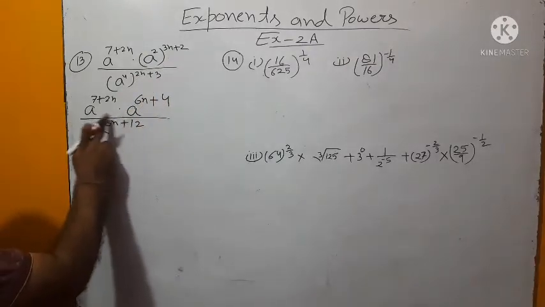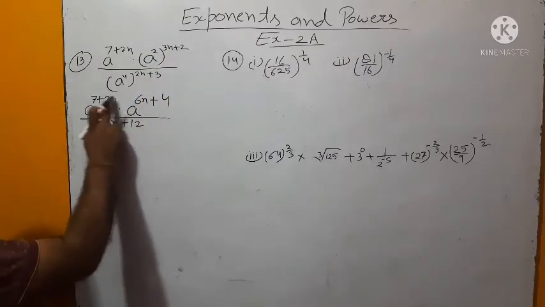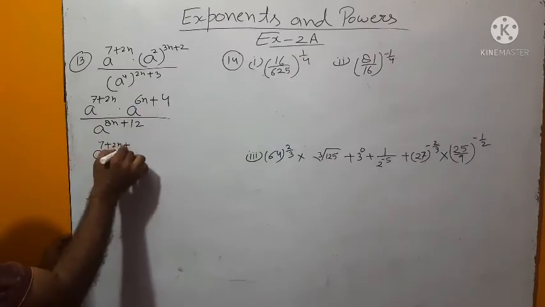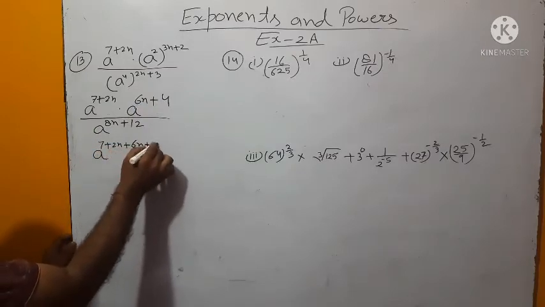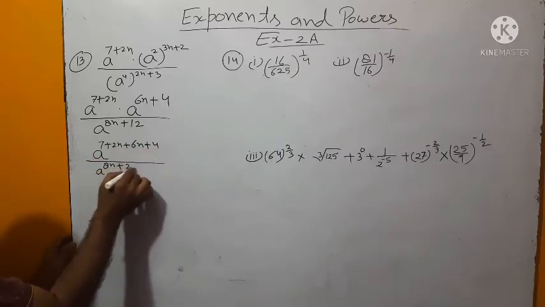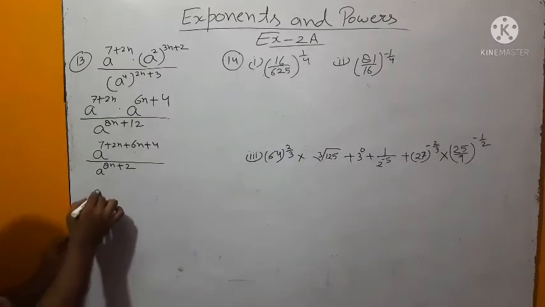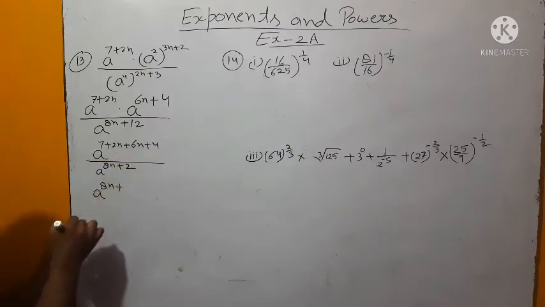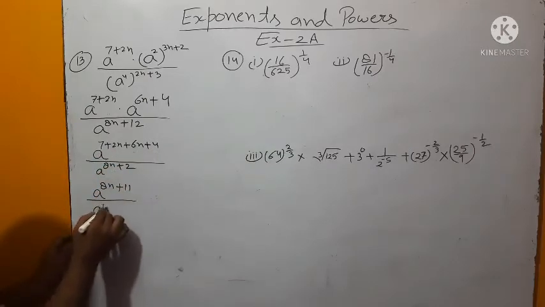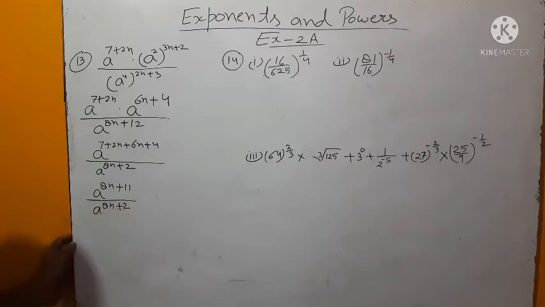Now in the numerator bases are same, so exponents will be added. So a to the power 7 plus 2n plus 6n plus 4 upon a to the power 8n plus 2, 2n plus 6n, 8n plus 7 plus 4, 11 upon a to the power 8n plus 2.